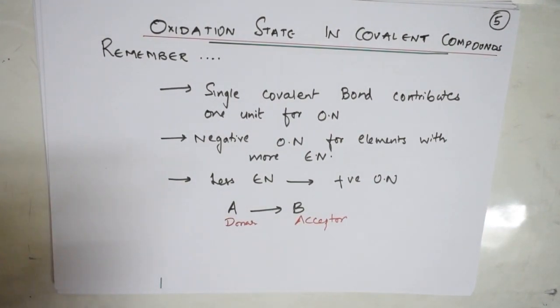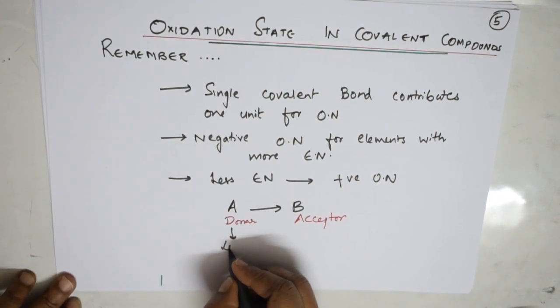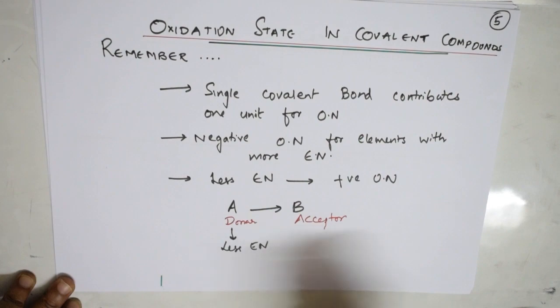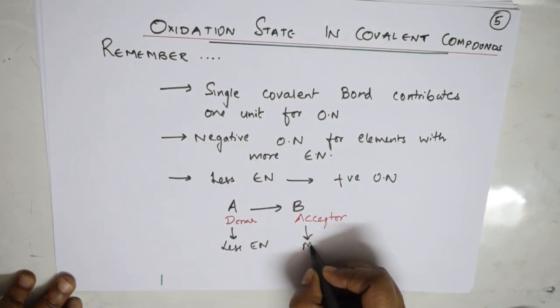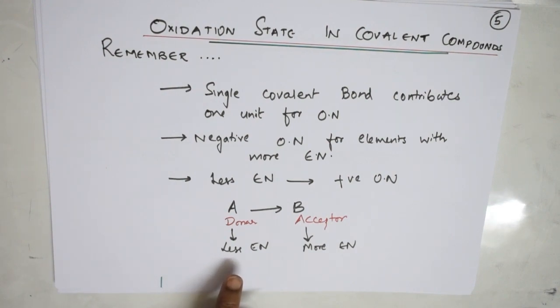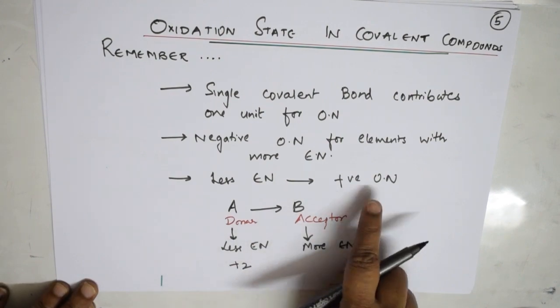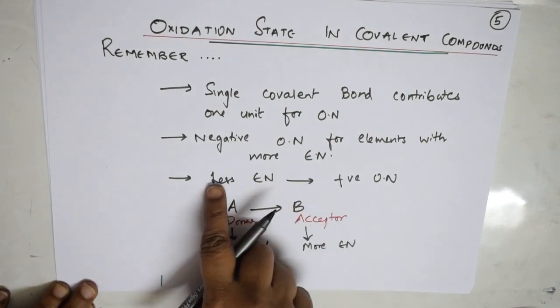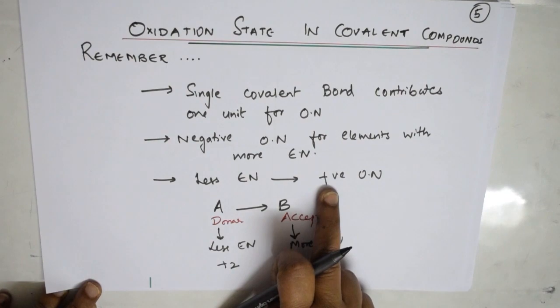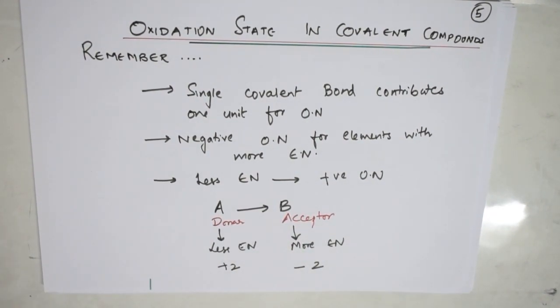Now if the donor is less electronegative and the acceptor is more electronegative, then the less electronegative will have +2. Less electronegative means which oxidation state do I give? Positive. The more electronegative means I give a negative oxidation state. That is the understanding. So the above example shows the negative and positive oxidation state.